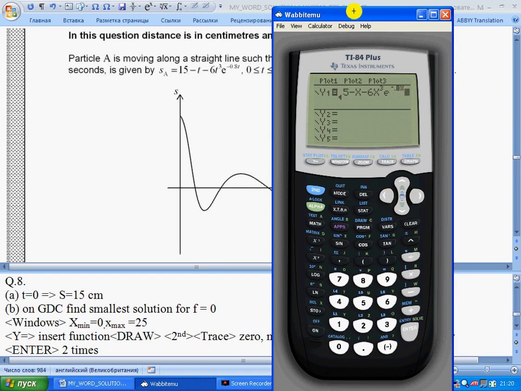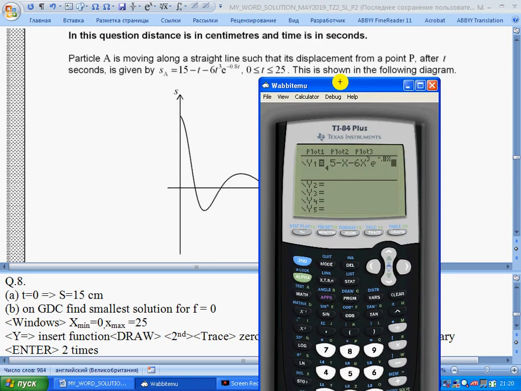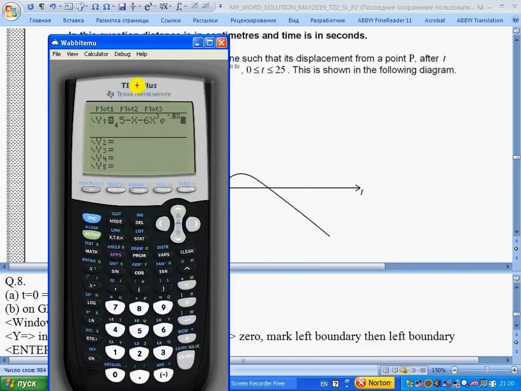Now, they give us the graph, so we can look at values of s. It is less than 15 and time is between 0 and 25. So we go to Window, we put here 0 minimum, 25 maximum.